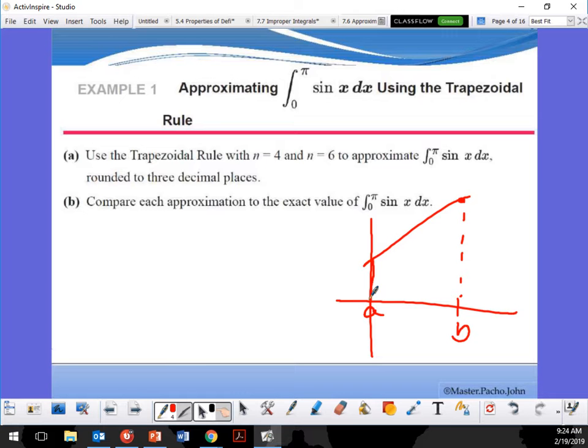Area of a trapezoid. If I'm looking at the area of a trapezoid, I'm going to do this one in black to draw my basic trapezoid shape.